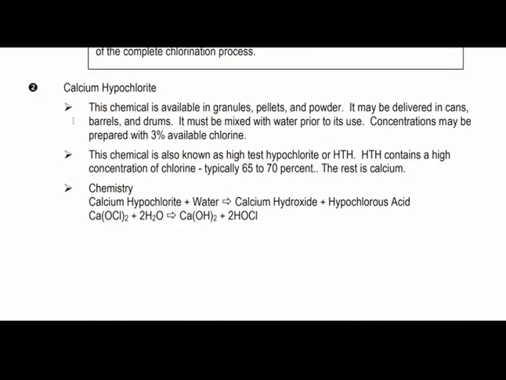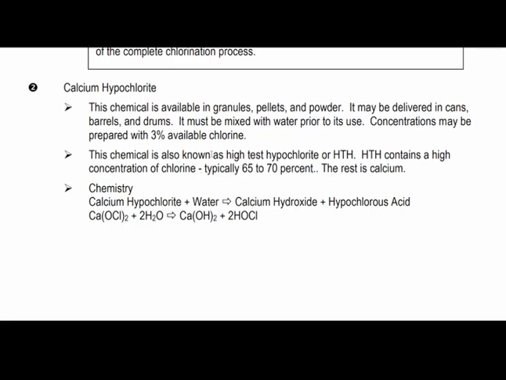Calcium hypochlorite. This chemical is available in granules, pellets, and powder. It may be delivered in cans, barrels, and drums. It must be mixed with water prior to its use. Concentrations may be prepared with a 3% available chlorine.